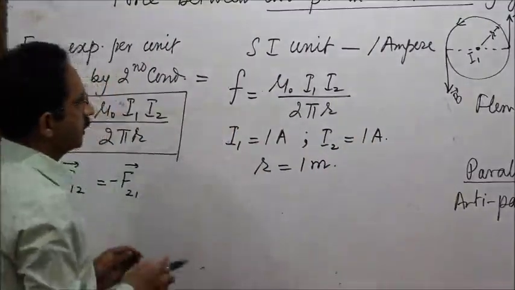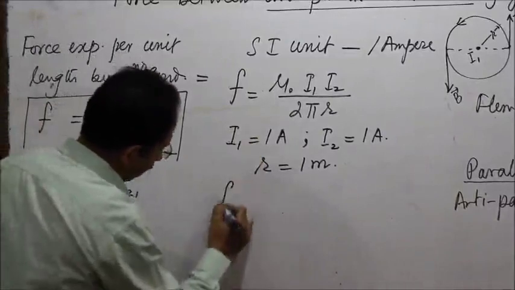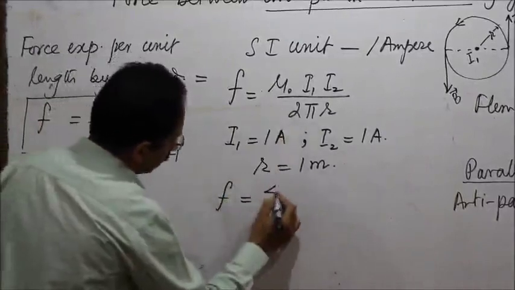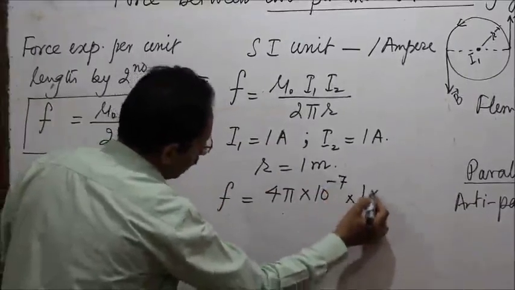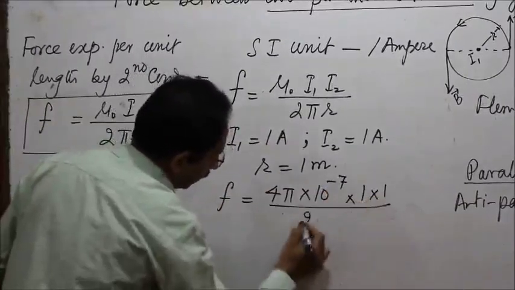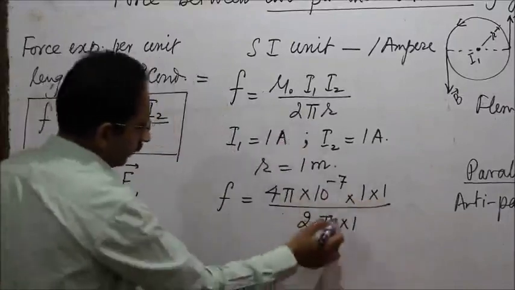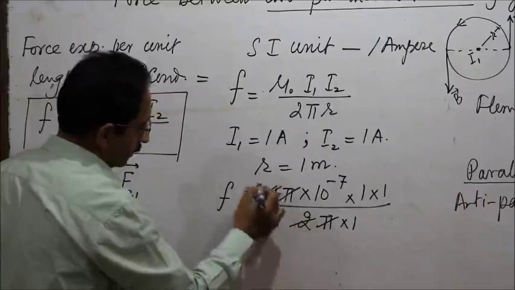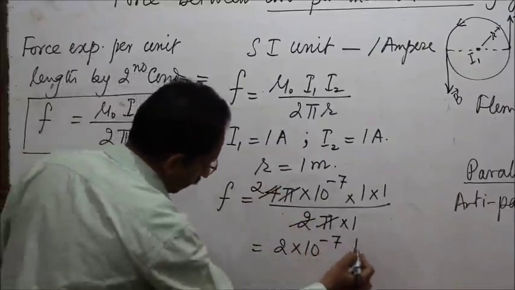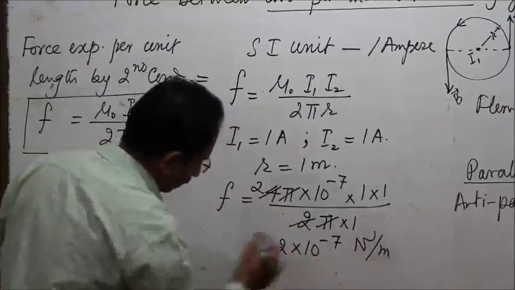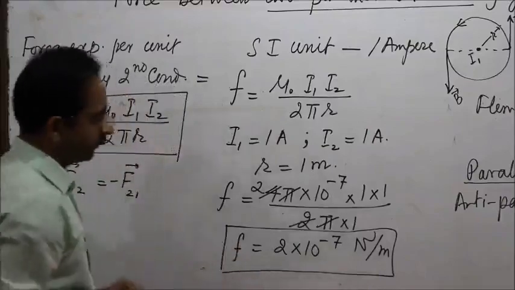Then the force experienced per unit length by a conductor due to the other conductor would be equal to mu 0, which is 4 pi into 10 raised to the power minus 7, multiplied by 1, divided by 2 pi into 1. So pi and pi get cancelled, 2 and 4 get cancelled, and we get 2 into 10 raised to the power minus 7 Newton per meter.